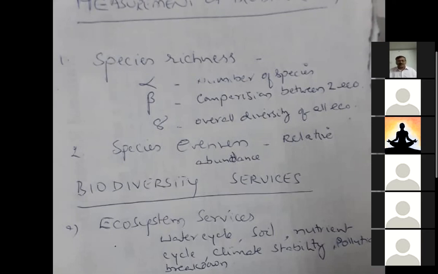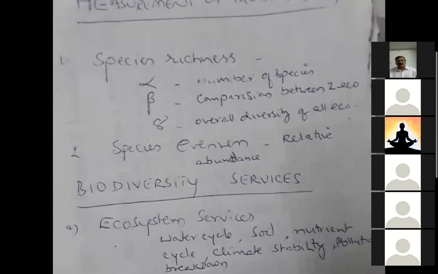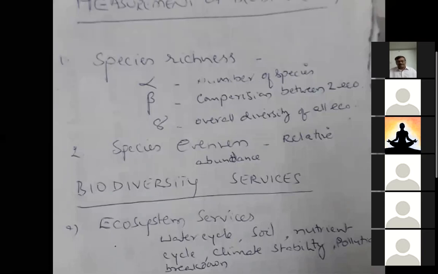Alpha richness means you take one single community, and the number of species found in that community or ecosystem is alpha. It is not related to any other thing. It is not related to increase or decrease of the number. It is related only to how many species are present in that community.